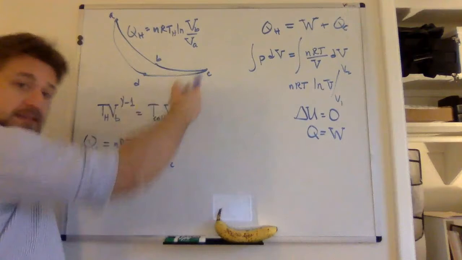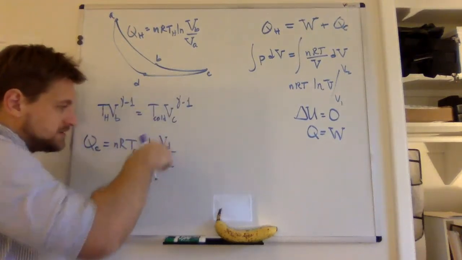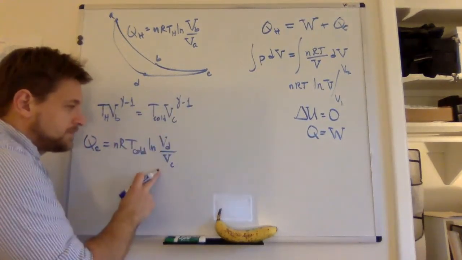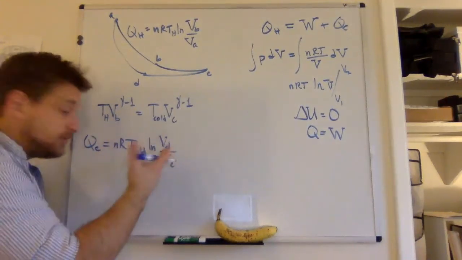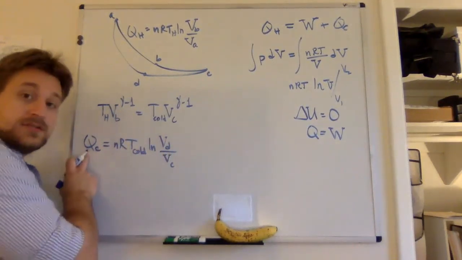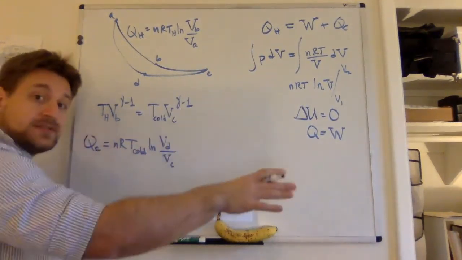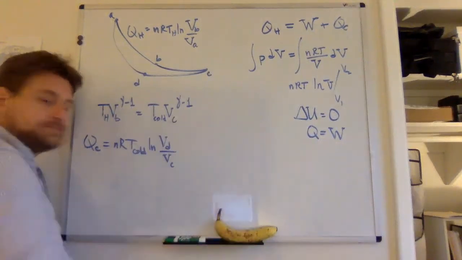VD is less than VC, so this is going to be a fraction that is smaller than 1. The natural log of that is going to be negative, which is good because QC is supposed to be heat transferred out of the system, which we said was negative.